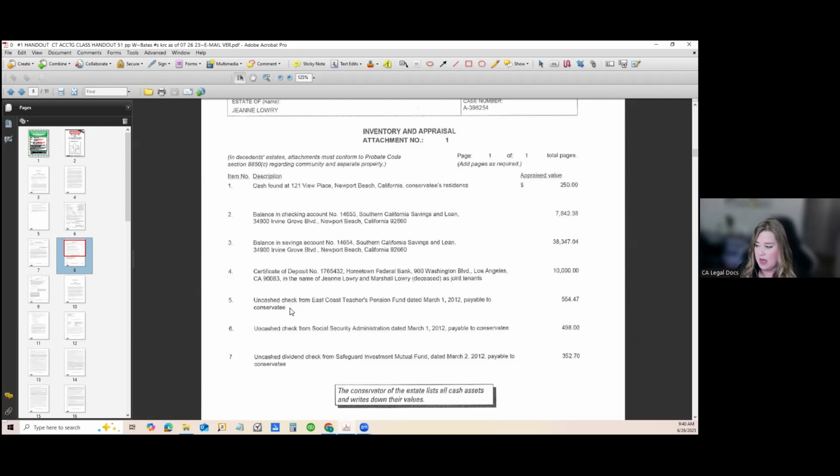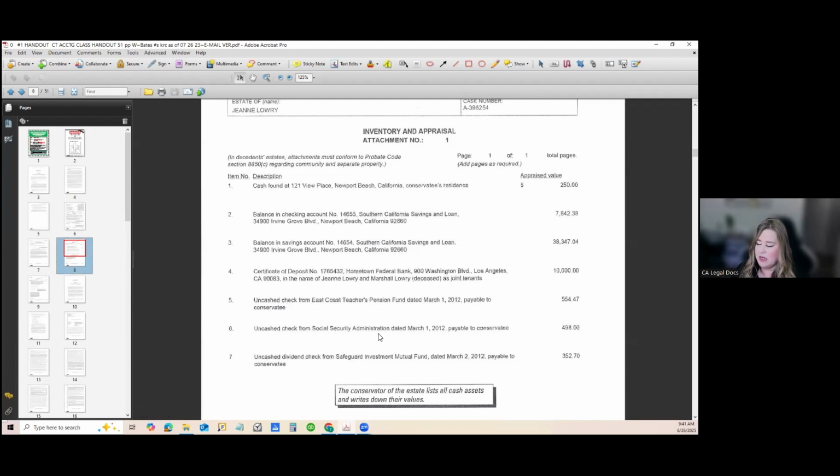But if this is the case, and you go to the conservatee's home and find checks on the table or checks that were never cashed, you will want to list them, so that when you get to your accounting and you bring them in as receipts, they will counter each other. You wouldn't even bring them in as a receipt at that point. It's just part of your accounting. When they're cashed, it will just be a change in form. But you'll want to list them if you have any uncashed checks.